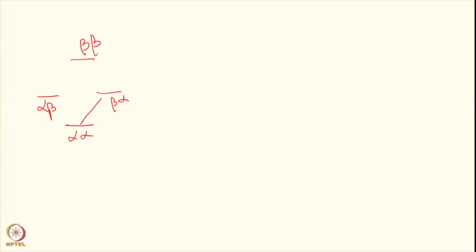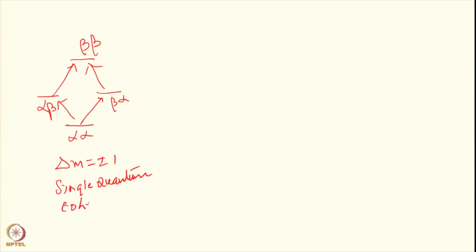I will have transitions here, here, here and here, and all of these are delta m equal to plus minus 1. Therefore, these are called single quantum transitions or coherences.